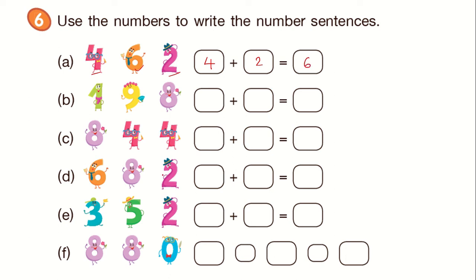Now write your answer for part B. Let me help you to do part C. 4 plus 4 equals 8. Now write your answer for part D, E, and F.